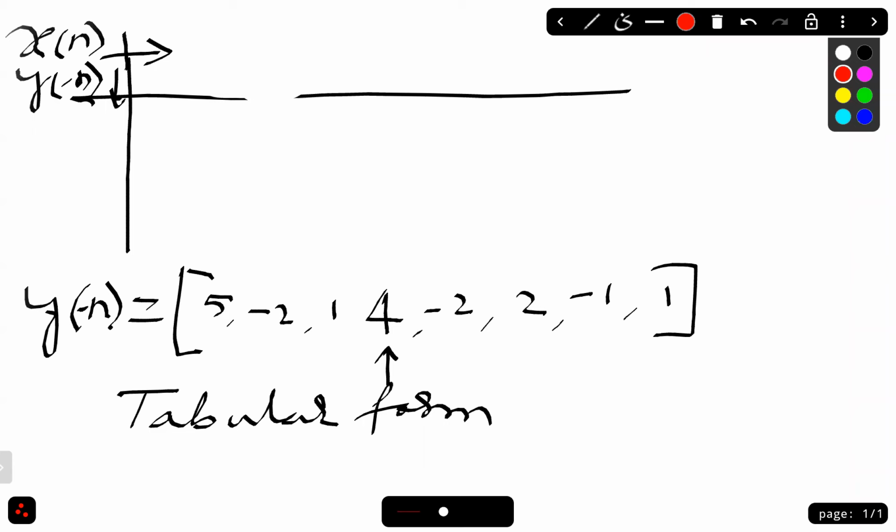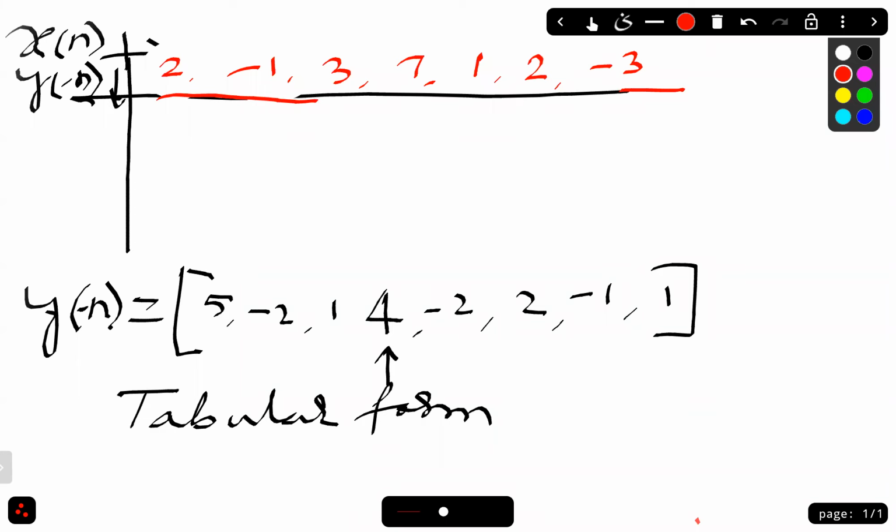Can anyone tell me here? 2, minus 1, 3, 7, 1, 2, minus 3. Yes, it is 2, comma minus 1, comma 3, comma 7, comma 1, comma 2, comma minus 3. So these are the values of x of n I have written here.